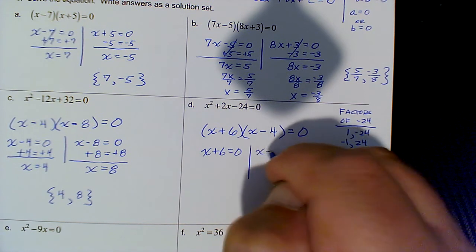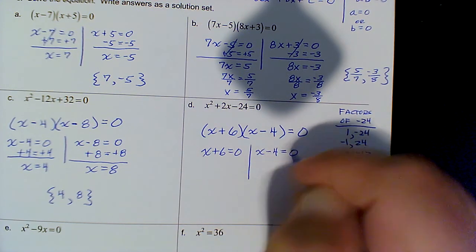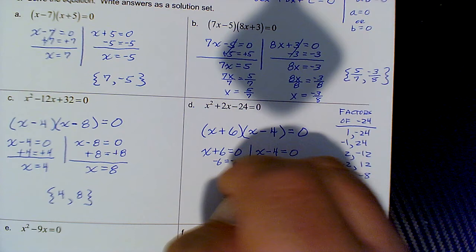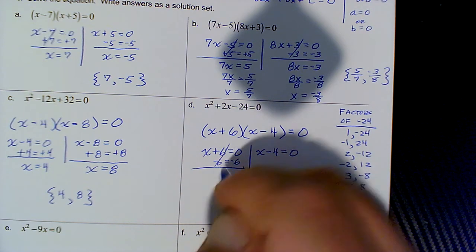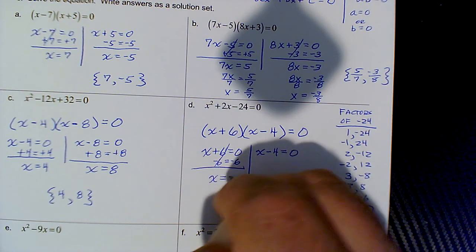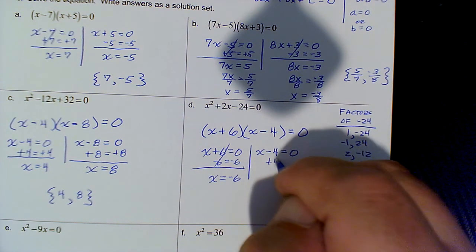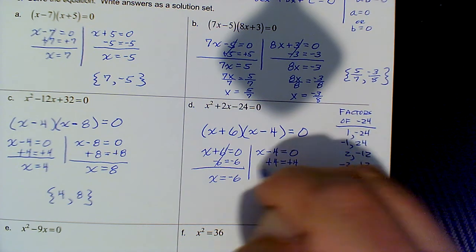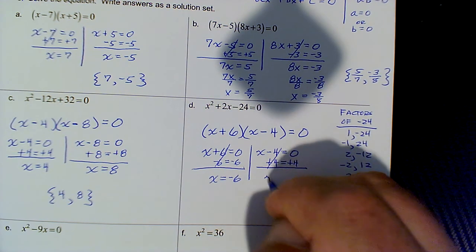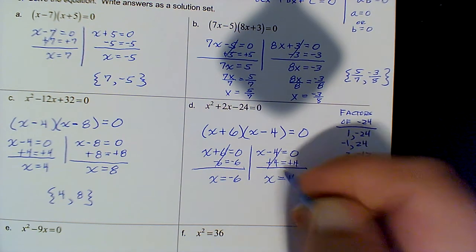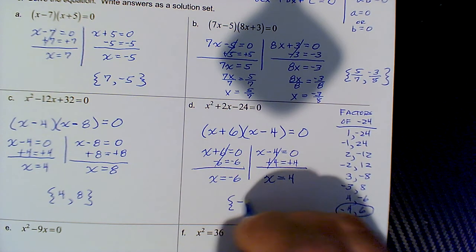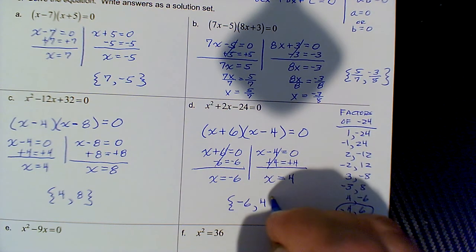So x plus 6 equals 0, x minus 4 equals 0. Solving each of those linear equations separately, we get x is negative 6. Here I'm showing all the steps again. And x is positive 4. So negative 6 and 4 as a solution set.